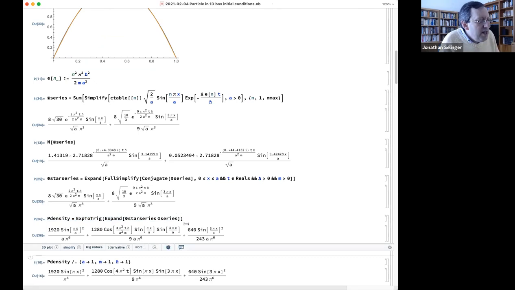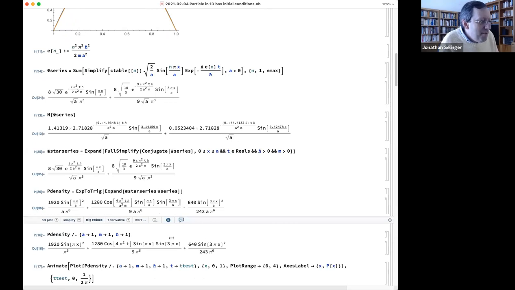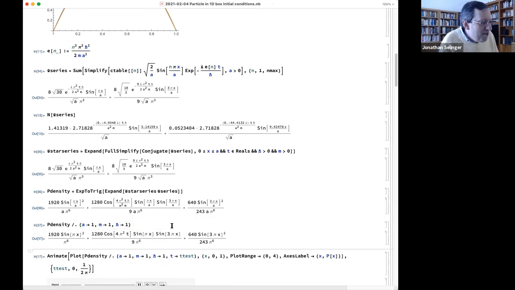You can see that the probability density has some time dependence because it's not exactly a pure state. It's approximately a pure state, but not exactly. And so there's a little bit of time dependence. Let's make a movie of the probability density.